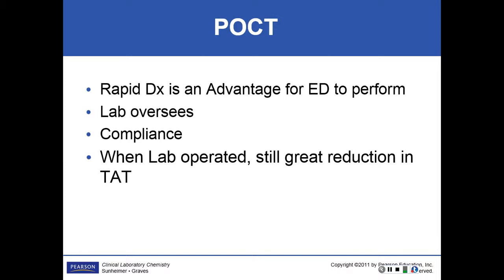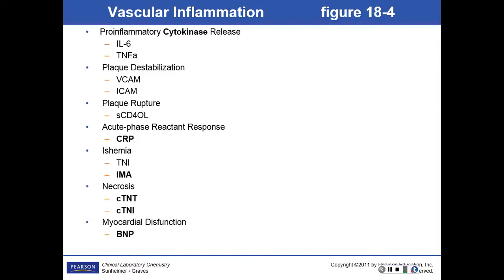But even if it's performed in the laboratory, they are performed on whole blood very quickly, and so they do create great turnaround times. This chart is in your textbook, and I just broke it down out of the chart formation into a list to help you see the inflammatory process.